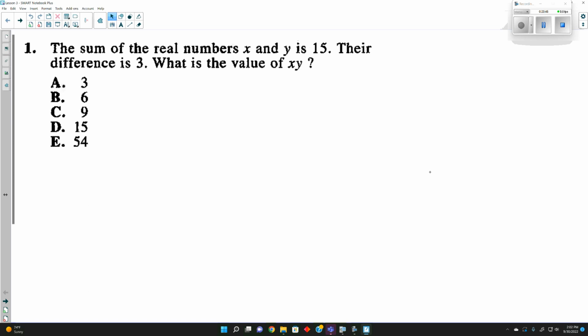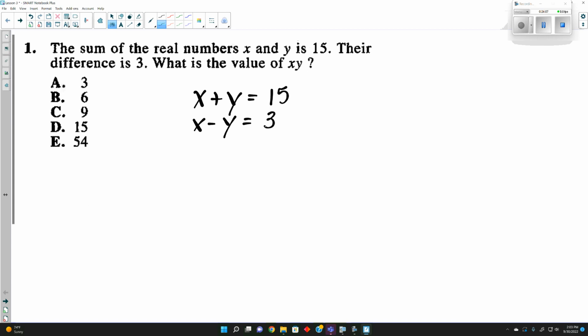So sum of real numbers x and y, what are we saying? x plus y is 15, and their difference is 3. So we're saying what? x minus y is 3, yes?